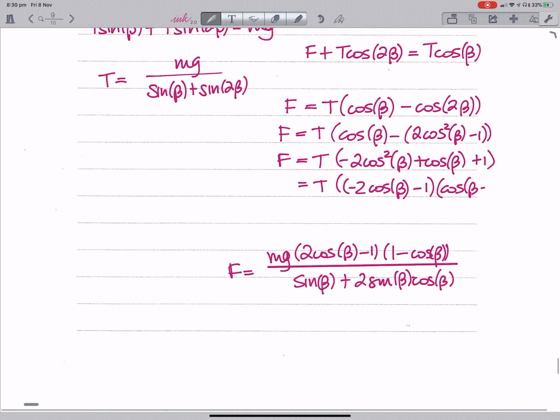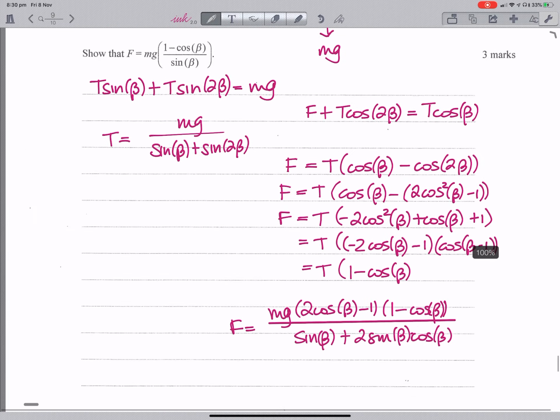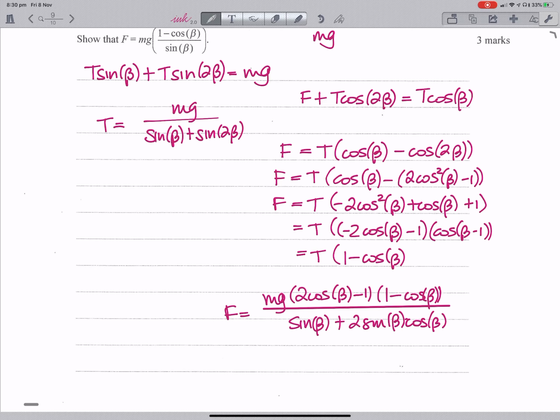What the hell is it? Minus 1, which is t 1 minus cos beta, which is what we want, and then 1 plus 2 cos beta. Okay, so if we change this, 1 minus cos beta, and then 1 plus 2 cos beta.